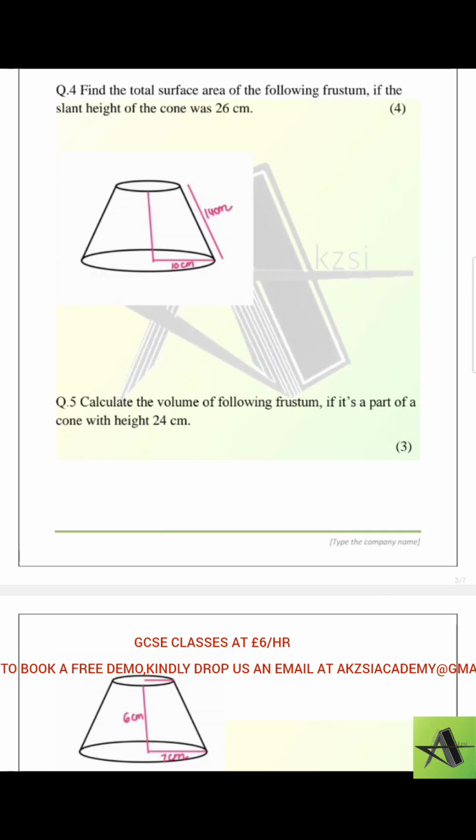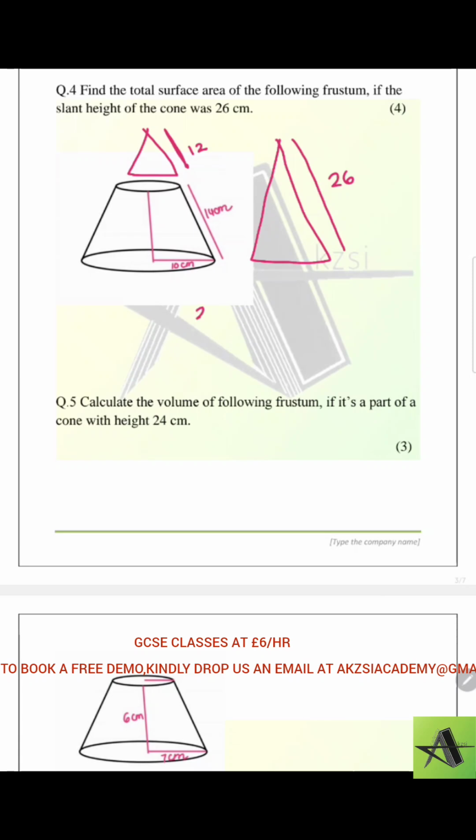This question is exactly like question number 3, where we have to calculate the radius, and the rest of the parts are exactly the same. As I just explained, the smaller cone and this bigger cone are similar. So this slant height, which is given as 26, so this part would be 26 minus 14, which is 12.